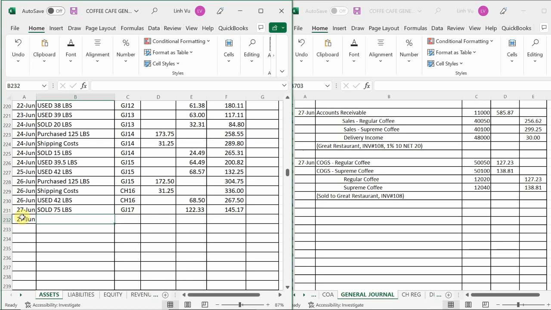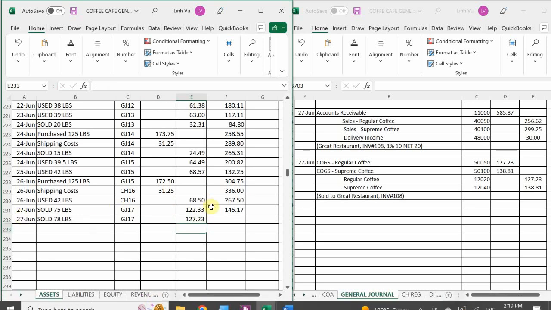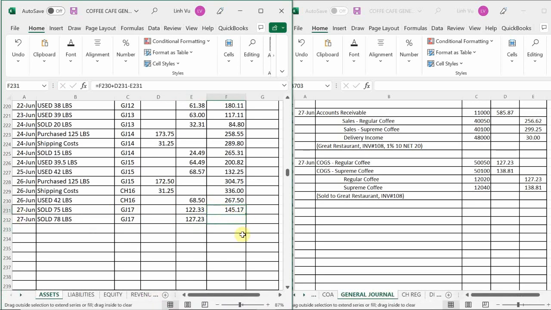So on the 27th, we sold 78 pounds on page 17 for 127.23. Sorry, 23. And now the balance is $17.94.